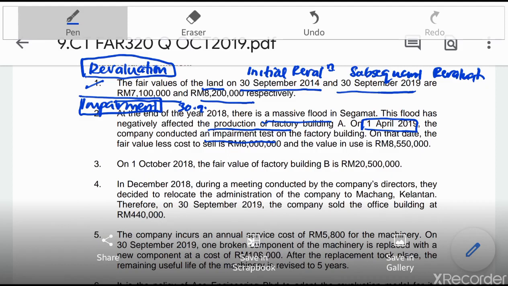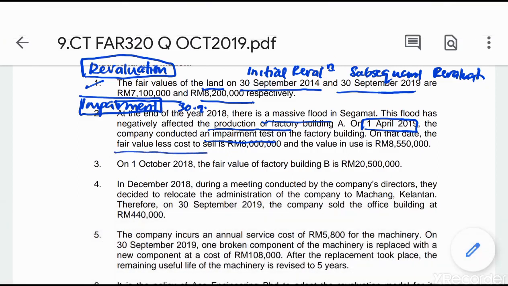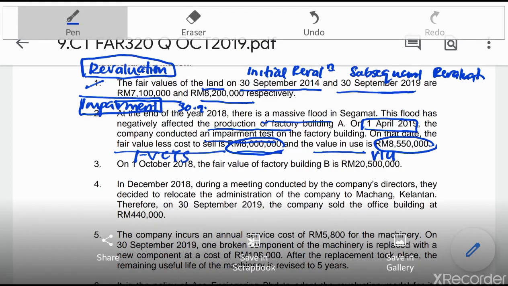Okay, the impairment test conducted on 1st of April revealed that the fair value less cost to sell was 8 million and the value in use, VIU, is 8.55 million. So this one is the information on recoverable amount.